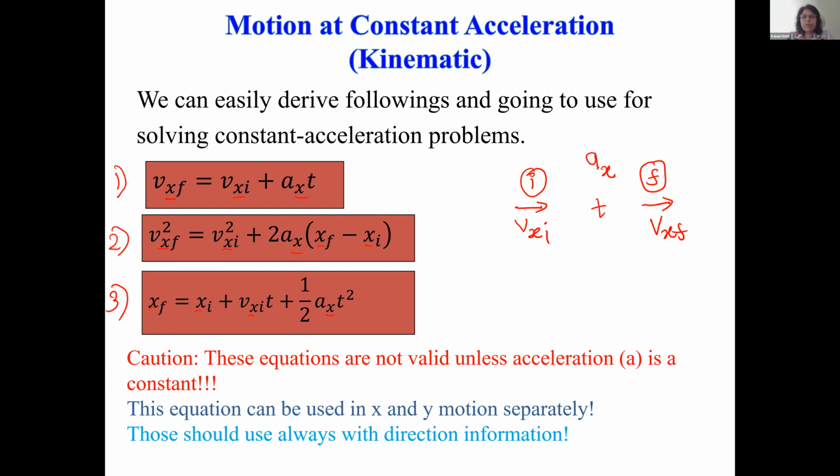Okay, so now the second equation, again you have v_x final, v_x initial, acceleration, x final and x initial, which mean the positions of your initial and final places. Okay, and then the last equation, everything is known, right?